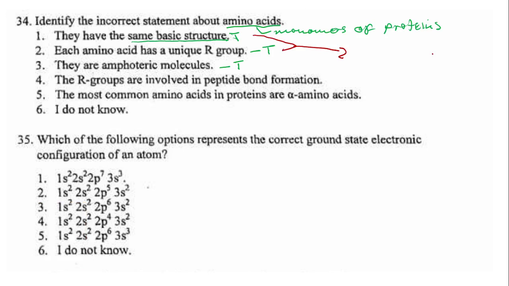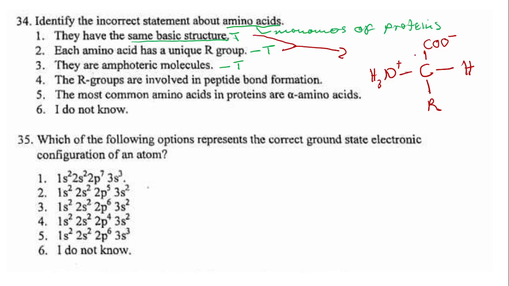For amino acids, you have a C there and then H there, then you have the R there, then you have the NH3 positive, and then you have a COO negative. So that's the basic structure of the amino acid. All the amino acids have this structure, okay?